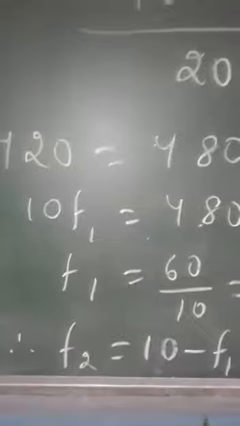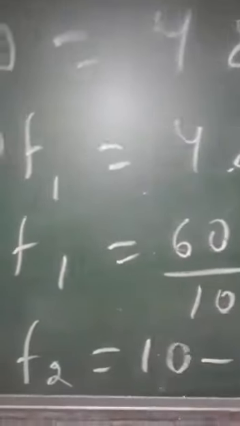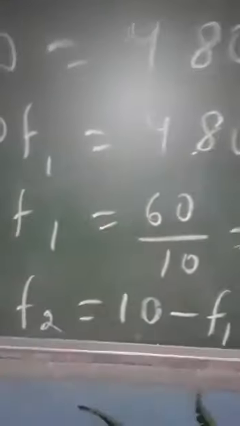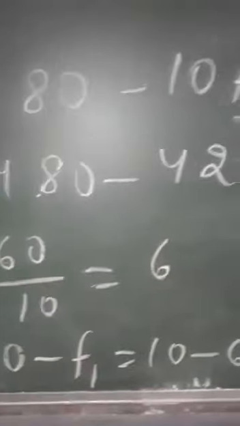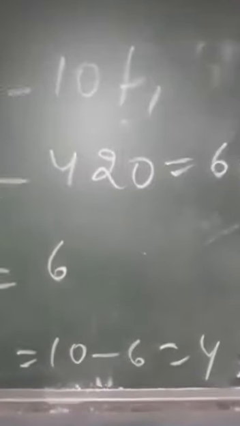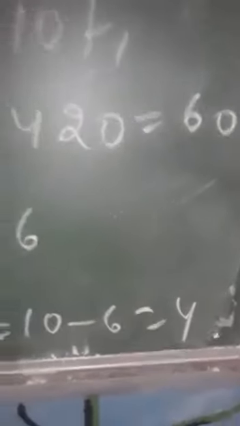Now for f2, f2 is equal to 10 minus f1. So 10 minus 6 is equal to 4.